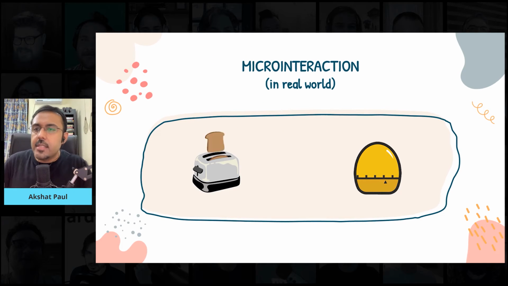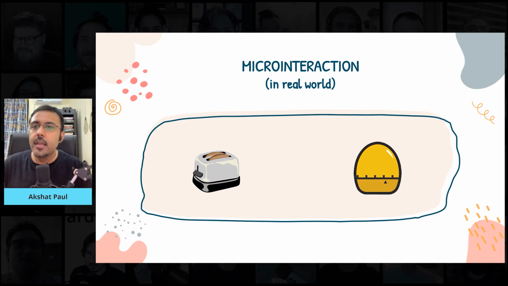So let's look at two examples of micro interactions in the real world. As you can see on this slide, we have two examples. One is a toaster and another one is an egg timer. The toaster here, the micro interaction is that once the bread is toasted, the toast pops up and sends a signal, which is a kind of a trigger to the user that the toasts are ready.